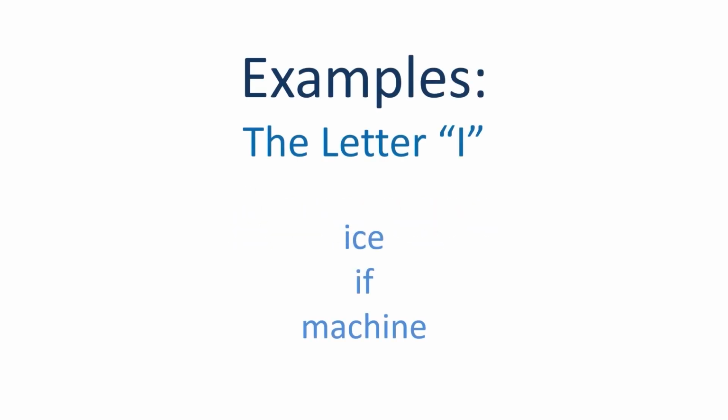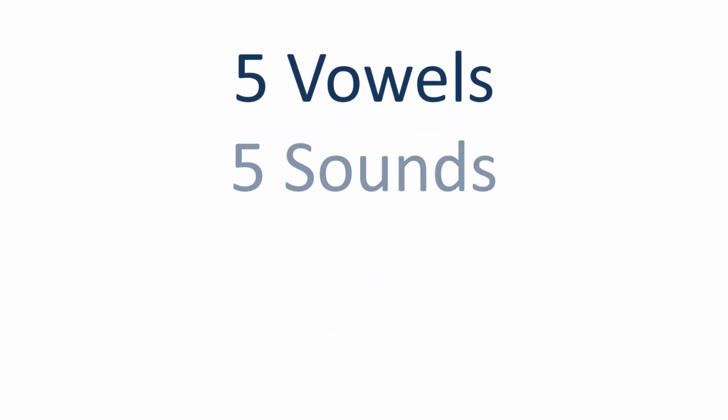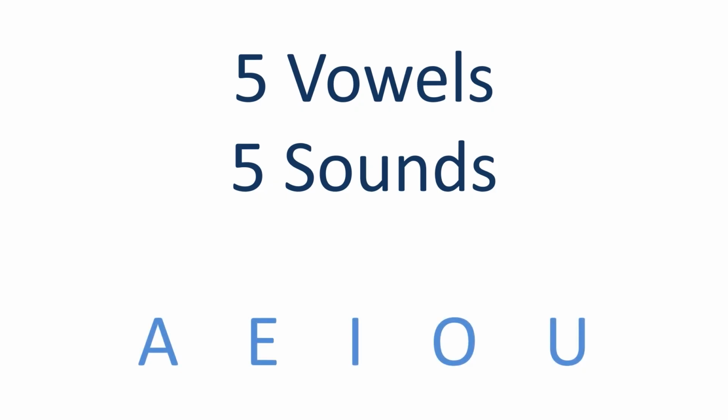Every single A in this word is pronounced differently. So even within the same word, the letter sound can change in English. And this is not just with the letter A. The letter I, for example, in the words ice, if, machine, the sound of the letter I changes in all of these words. As mentioned before, however, the good news in Spanish is that this doesn't happen.